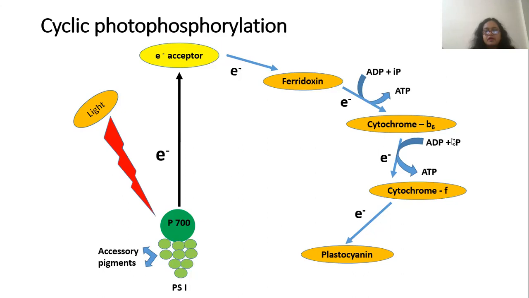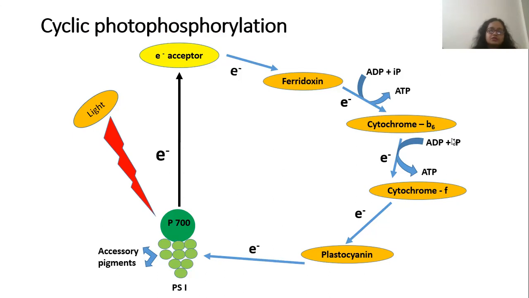Cytochrome F again releases an electron which is accepted by the plastocyanin, and at the end plastocyanin also releases an electron which is captured by the PS1, the P700 of the cyclic photophosphorylation reaction. So in this way cyclic photophosphorylation occurs.